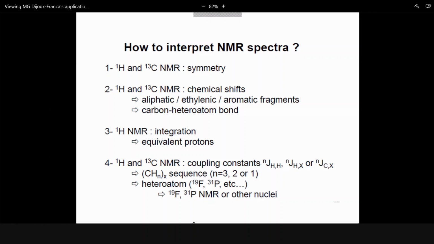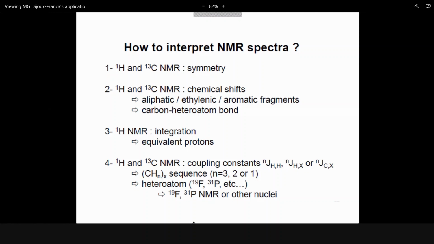This is the first thing. Second, both for proton and carbon 13, the chemical shift will be very important to interpret what kind of molecule it is, but also what kind of chemical groups I have in the structure. Is it an aromatic molecule?